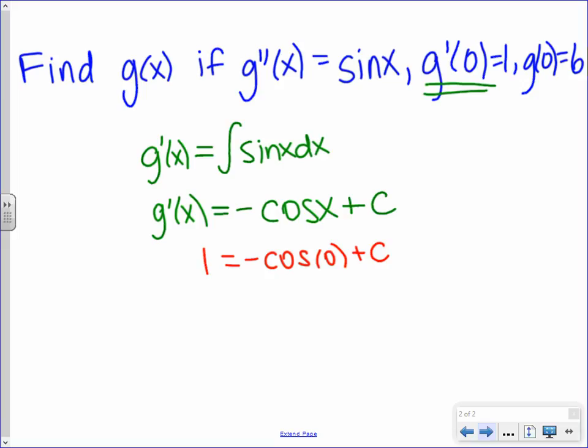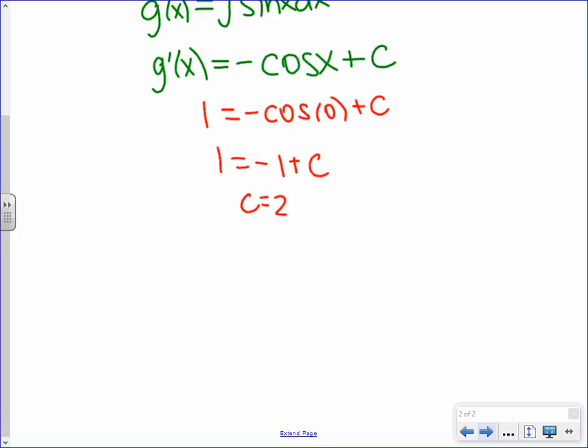Yes, it is 1. Those of you who are having some trouble, unit circle, this is 0 degrees. That coordinate is (1, 0). X represents cosine, Y represents sine. All right, so what's our c value? So g prime of x is negative cosine x plus 2.